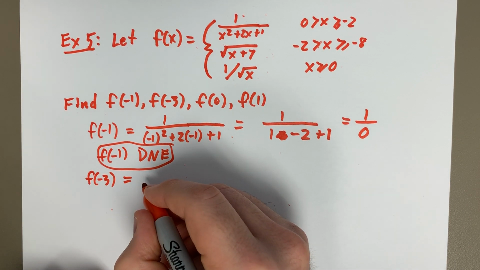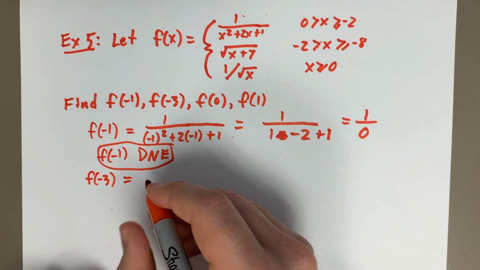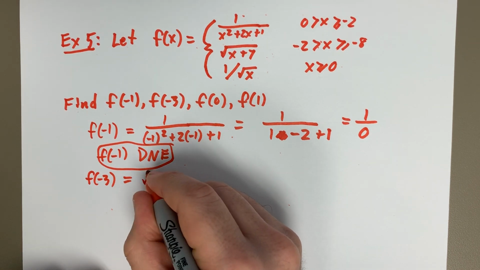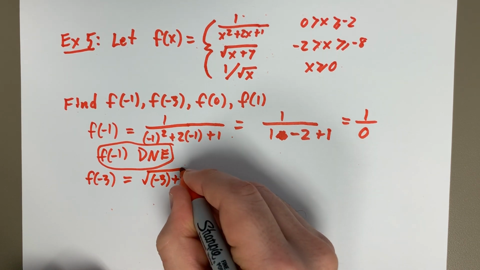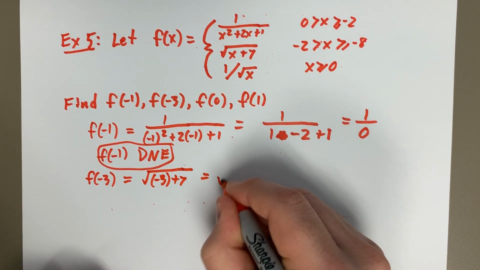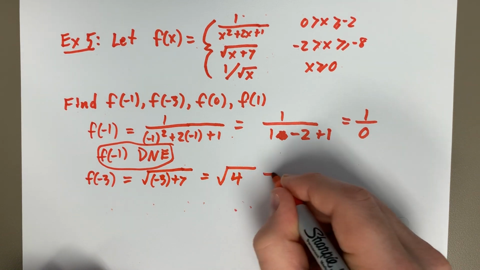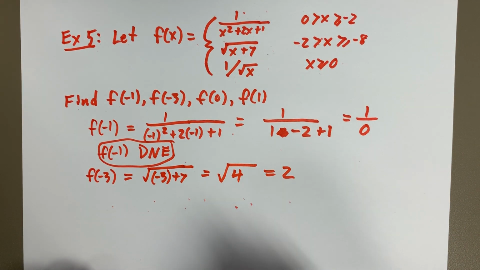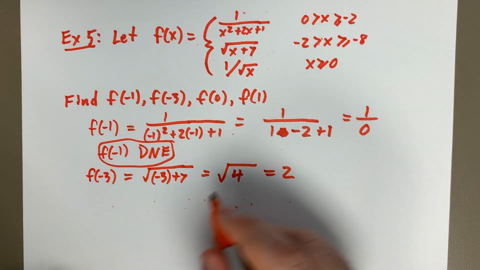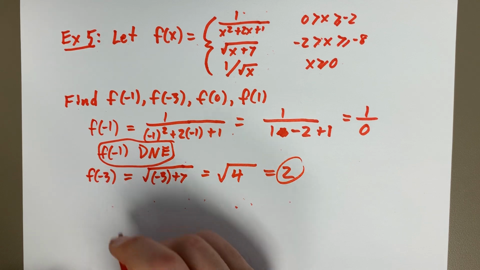Every place I see an x, I'm going to replace it with a minus 3. In the second case, we have minus 3 plus 7. Combine everything, and you get square root of 4. Hey, look, that's 2. Sweet. Love when things work out nice, especially when you invent them to do that. So we got the answer we're looking for, f of minus 3.